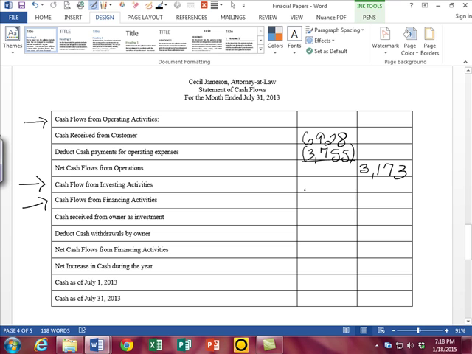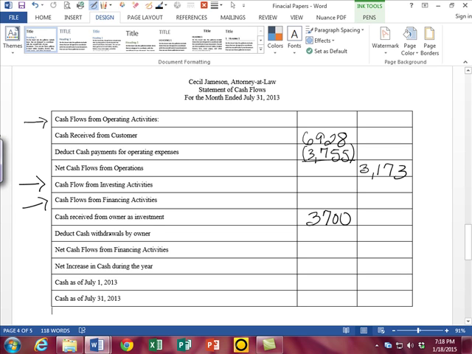In this particular example, we did not have any assets that were bought or sold, so we're not going to do anything for the investing activities. So we're going to drop down to cash flow from financing activities, and we're going to enter in the cash received from an owner as an investment. For the month of July, the owner invested $3,700.